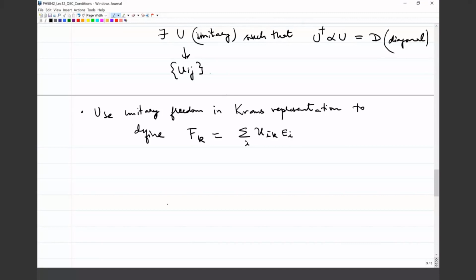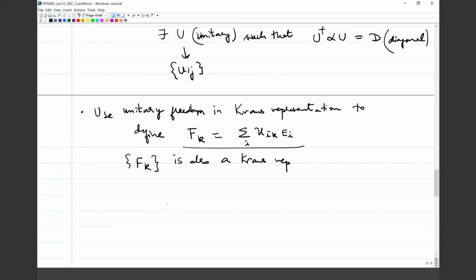So this was done in one of the earlier lectures. If you don't recall, please go back and look up that lecture where we showed that you can represent the same quantum channel via multiple Krauss representations, right? So using this unitary freedom in Krauss representation, we can define another set of Krauss operators for the same channel. So this Fk is also a Krauss representation for the same noise channel N.